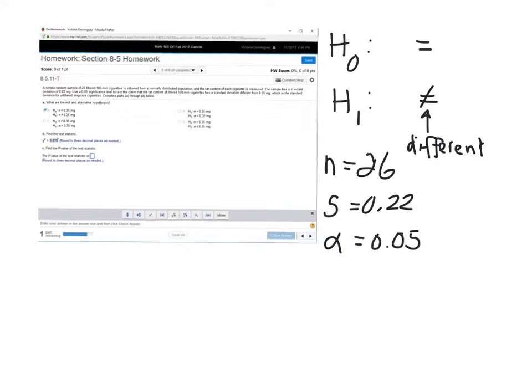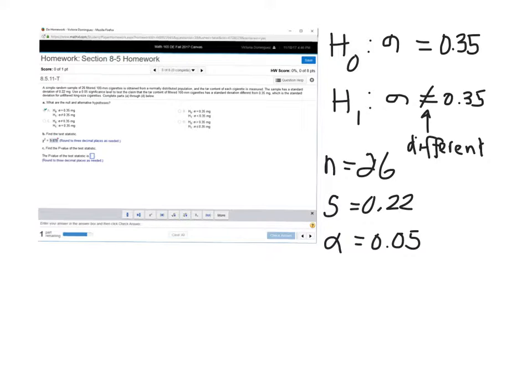And the test is about the standard deviation, so our null hypothesis also has to have the same symbol. It's the population standard deviation, sigma, and it also has to have the same number to the right of the equal sign, 0.35.